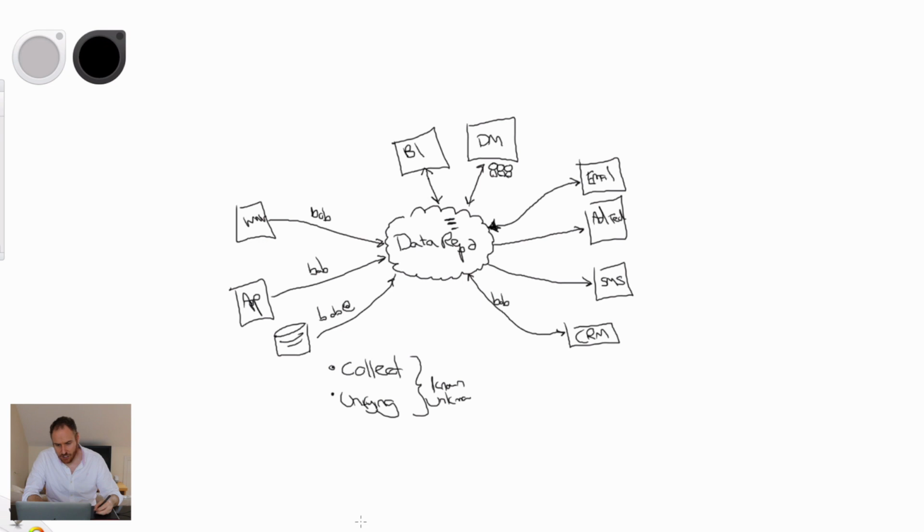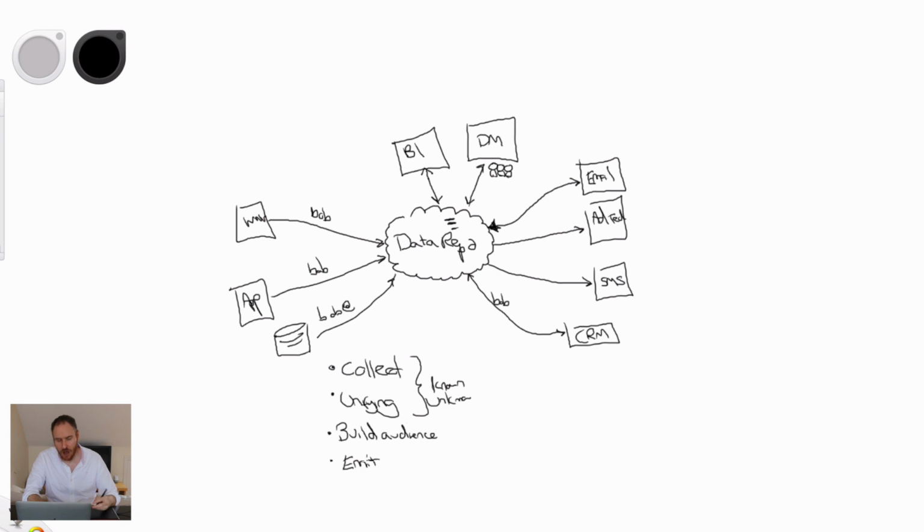Okay, so collect, unify. And then what's going on down here? Well, we need to allow the marketers to build audiences. So we've got some sort of build audiences functionality in there as well. And then finally, we need to emit.